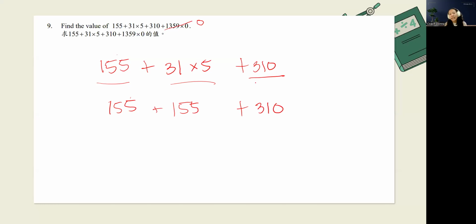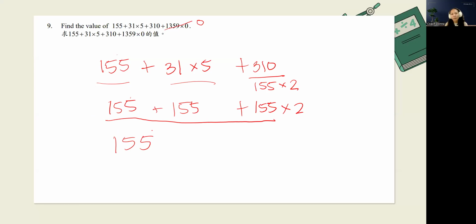Notice 310 can be expressed as 155 times 2. So let's change this as 155 times 2. All right? So you can see that 155 is common among them. So let's take it out.